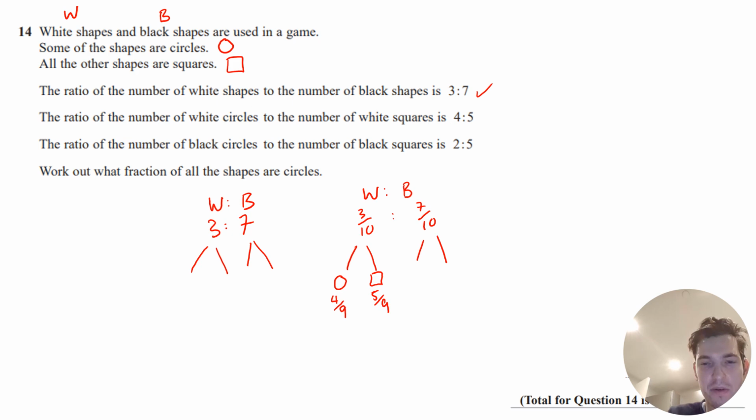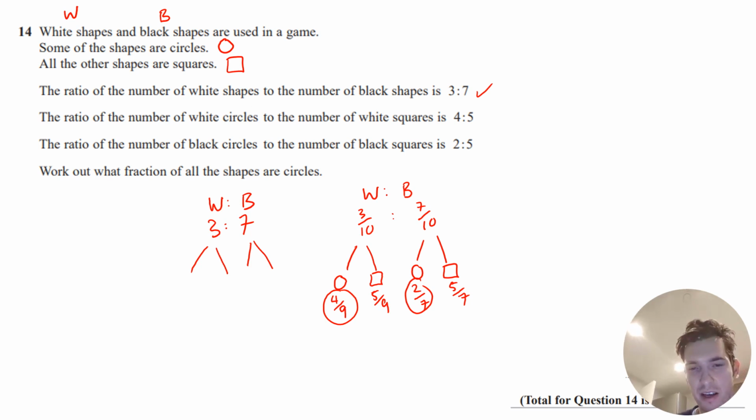And then for black shapes I'll do the same thing. So that's going to be 2/7 are black circles, 5/7 are black squares. And I want all the shapes which are circles, so I want this and this. So how am I going to do that? Well, let's have a look at white circles.